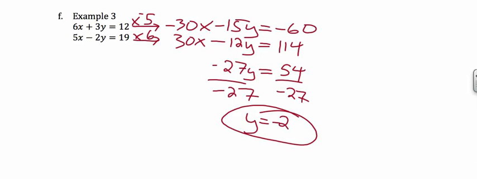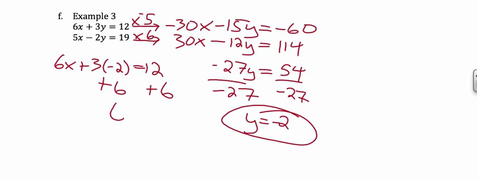Plug in somewhere, it doesn't really matter where. I'm going to plug into the top one, so I get 6x plus 3 times negative 2 equals 12. 3 times negative 2 is negative 6, so that means I need to add 6 to both sides. And I get 6x equals 18, which means x is 3. And again, I could check both of these answers, but it'll definitely work in both.